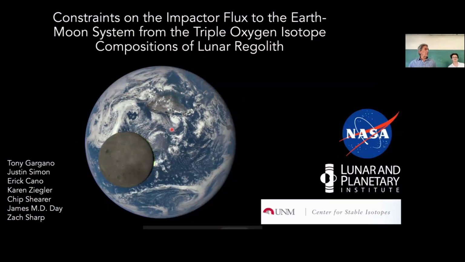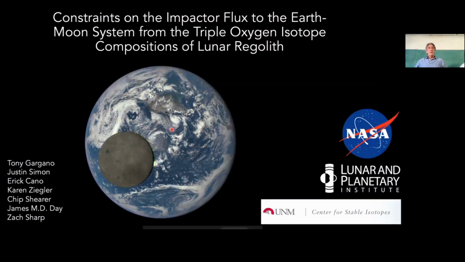It's a pleasure to introduce Tony Gargano, who was a PhD student here, working in part with me and others on a wide range of stable isotope topics, and has a couple of fantastic papers about chlorine isotopes in the moon and other planets, and has kind of redefined the way we think about volatile elements, certainly in apatites, and has continued to do some really cutting edge and innovative science, which maybe sometimes makes things difficult because it's not always easy to get something published that is maybe a little bit outside the mainstream.